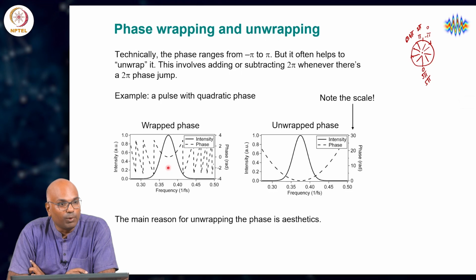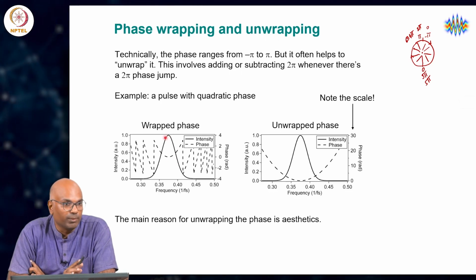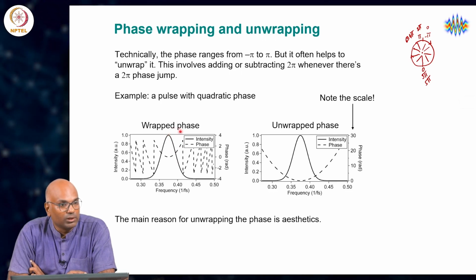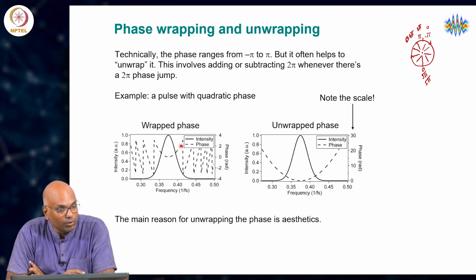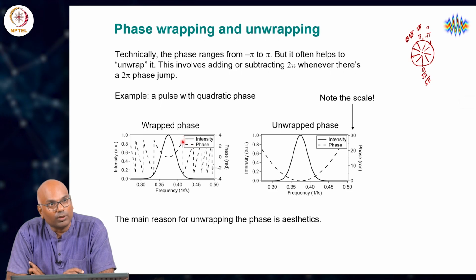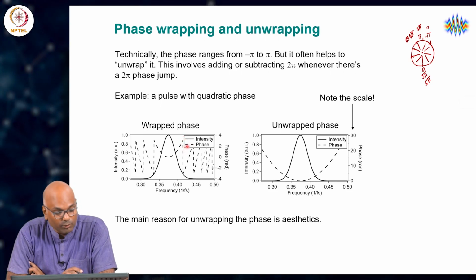So, if at any point I set one of these maxima or minima to be a reference 0, then the phase from there rolls over from 0 to pi over 2 to pi to 3 pi over 2 to 2 pi, right.